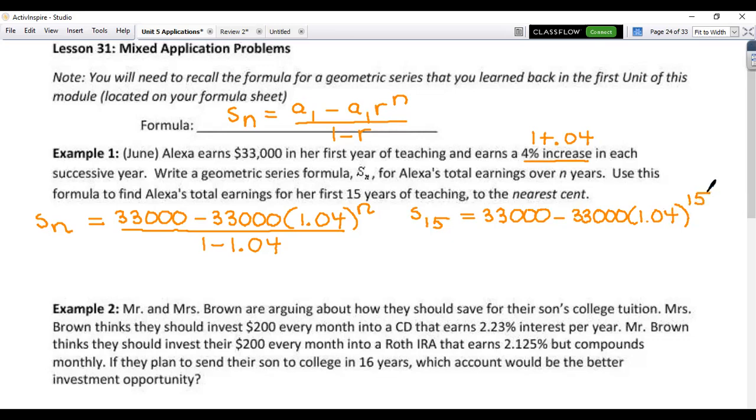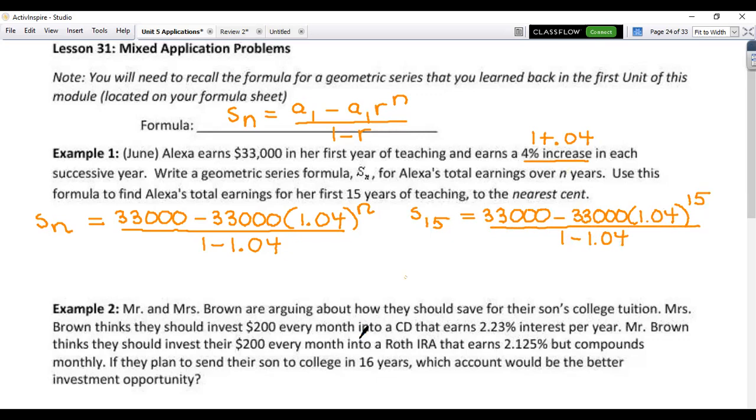And this is all divided by 1 minus 1.04.